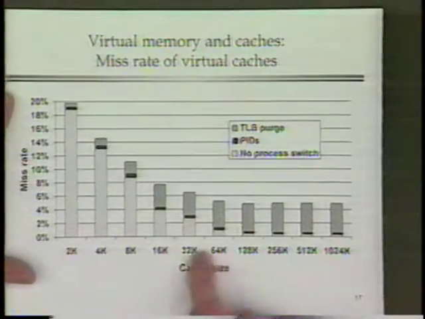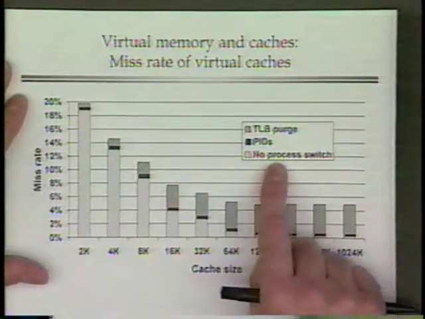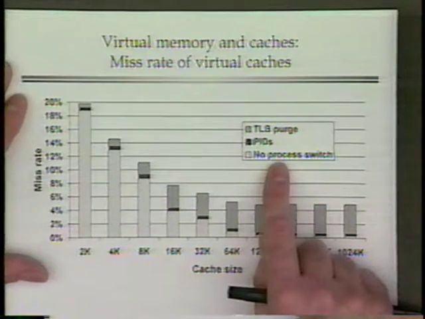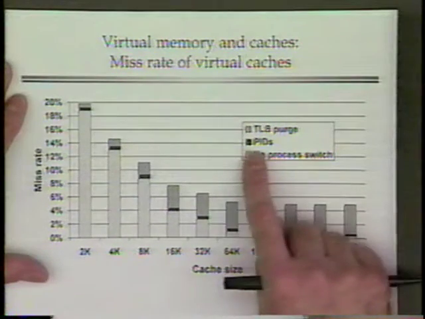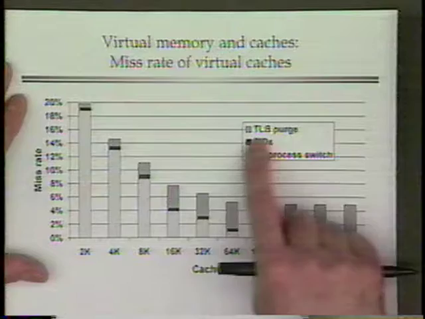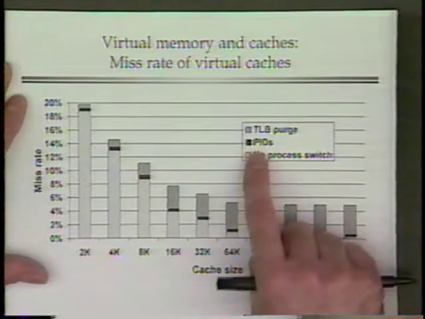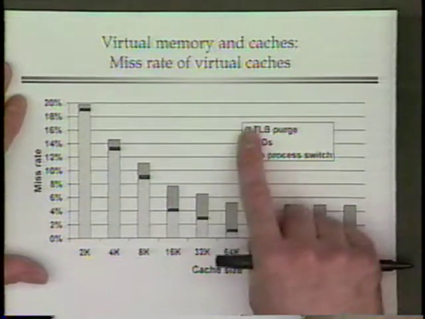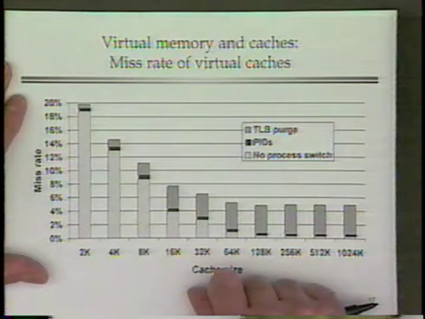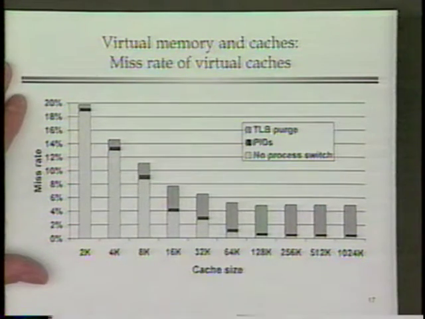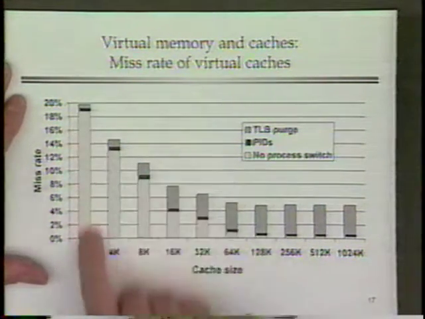The next chart shows some data that shows 3 different cases. One is if you're not doing any process switching at all. The second is if you process switch but include in the cache these process IDs so you don't have to purge. And the third is the case where you purge the entire cache. Well, when the miss rate is high, it really doesn't matter.